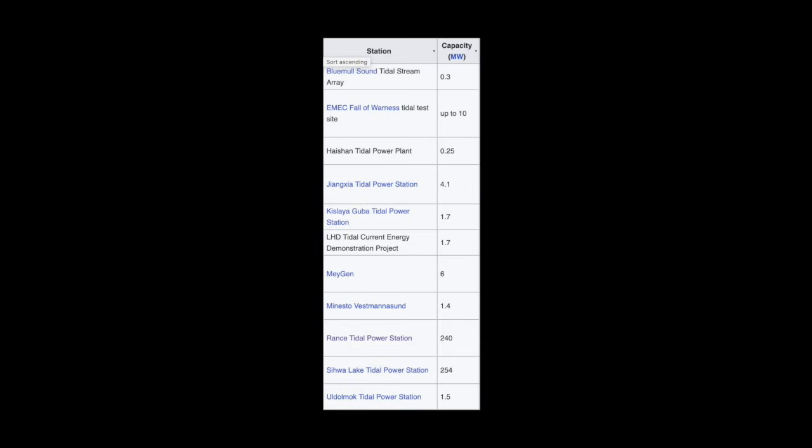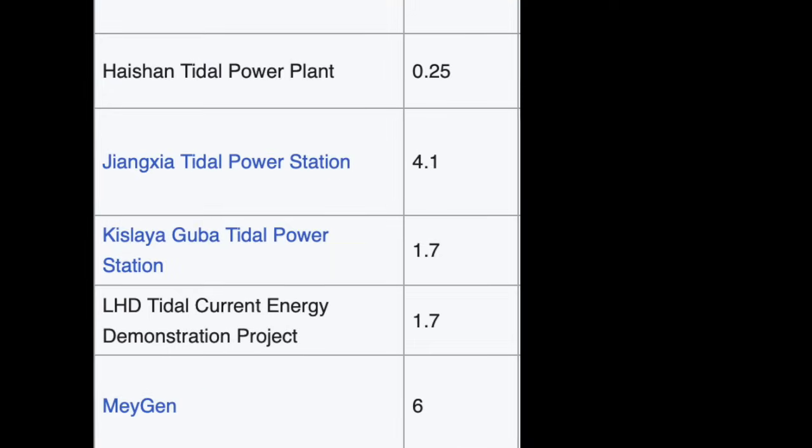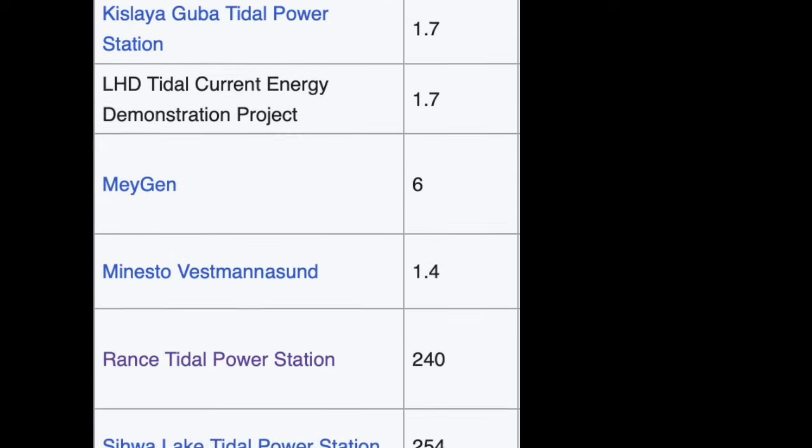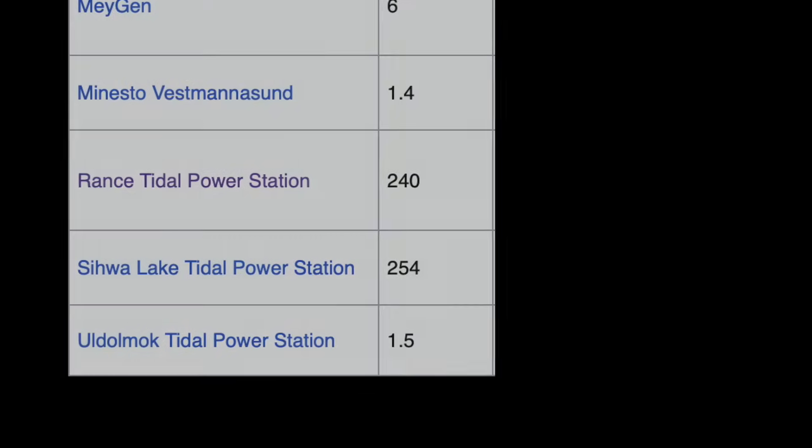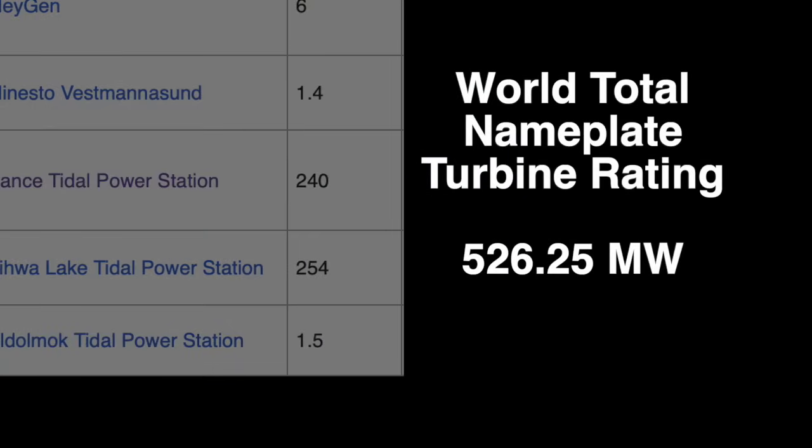But if you actually look at the megawatt rating, that's the maximum nominal nameplate rating, if you like, of all these added together, it only comes to 526.25 megawatts. That's right, the entire world's tidal barrage system comes to 526.25 megawatts. And you don't get that out, of course. That's just the nominal rating of the turbines.